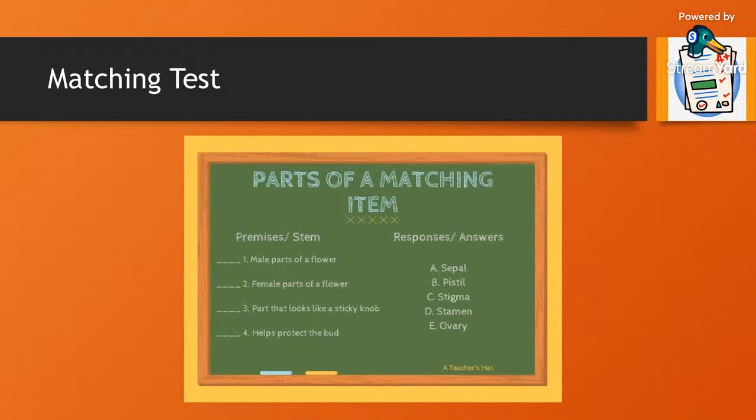We have male parts of a flower, female parts of a flower, part that looks like a sticky knob, and part that helps protect the bud. And we have here the responses: the sepal, pistil, stigma, stamen, and the ovary. So these are the parts of a matching type item. I'm sure you are not new to this, because most of the time in your exams, your teachers would include a matching test.